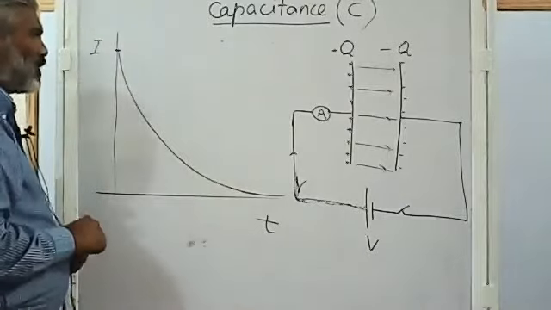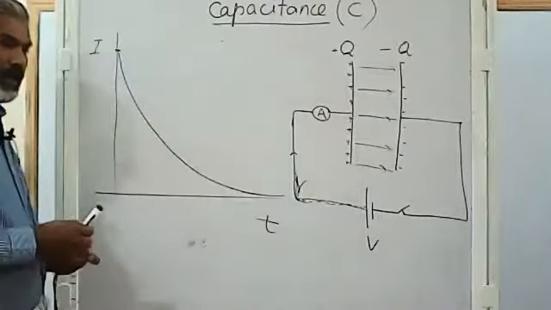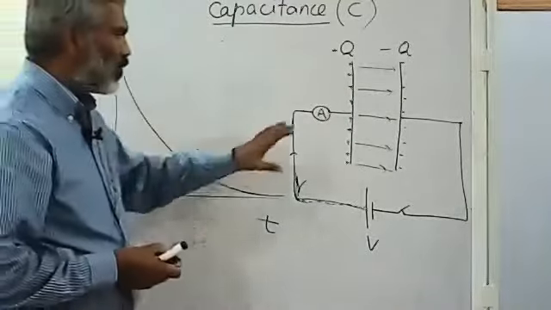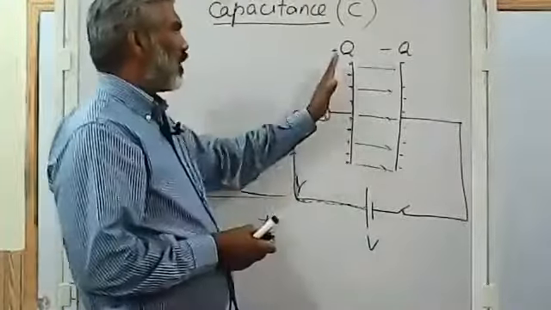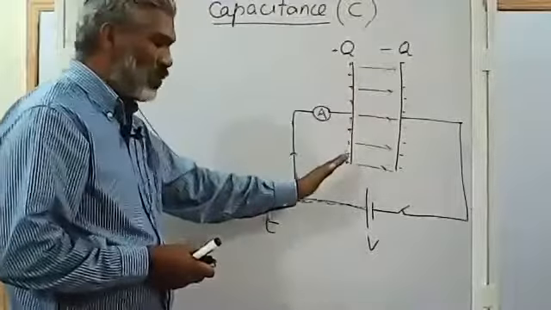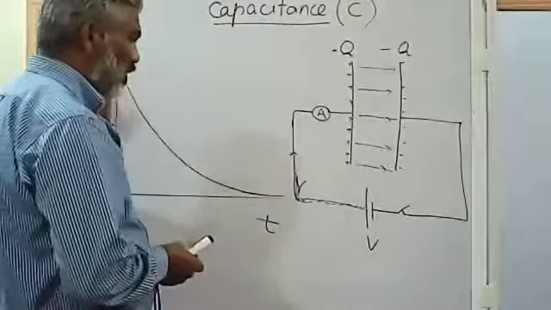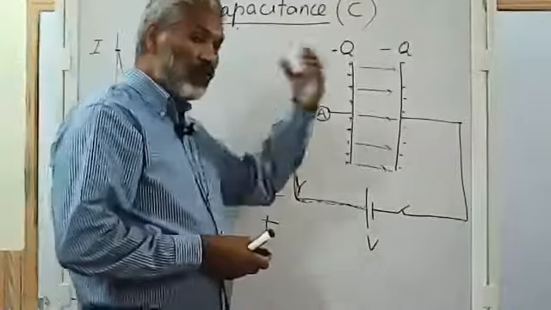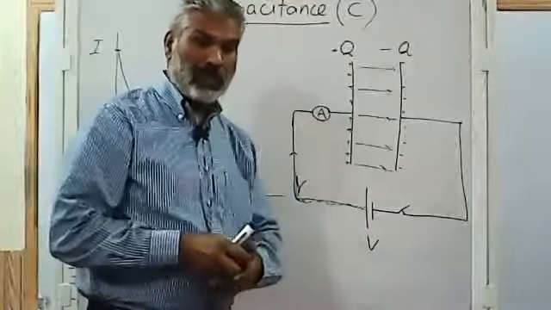But what happens to the charge here? Initially, there is no charge here. I'm talking about just one plate. So initially on this plate, there is no charge. Then because current is large in the beginning, the rate of accumulating charge on it must be large. Rate of flow of charge must be large.